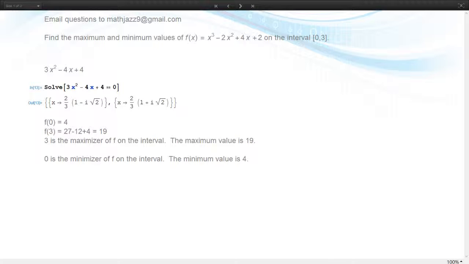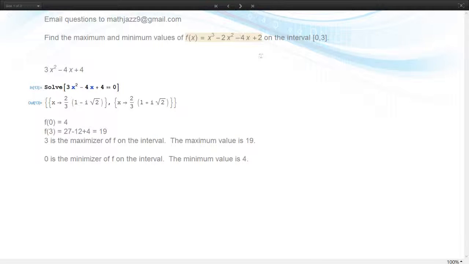Okay, let's do this problem again, but we're going to change the polynomial we use. So instead of using x cubed minus 2x squared plus 4x minus 2, we're just going to flip this sign to be a negative 4x.